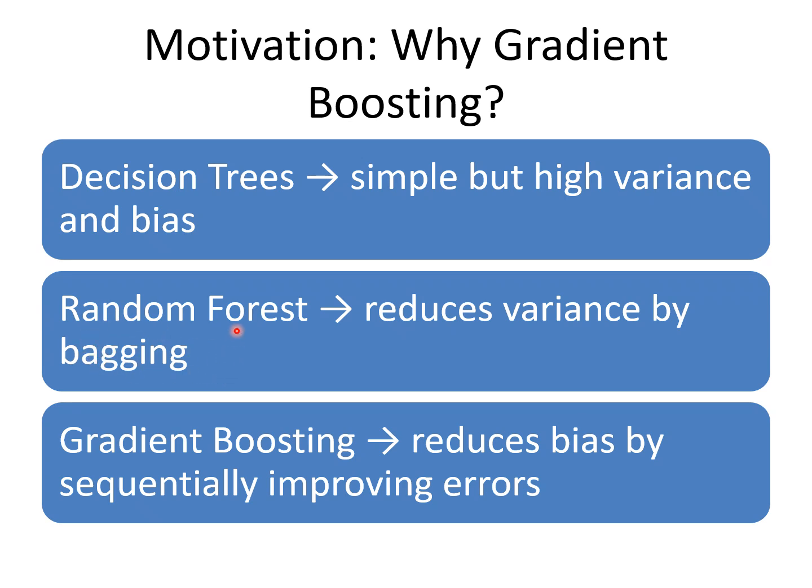If it is a regression problem, in the case of random forest, we look at the average of all those trees. For the gradient boosting techniques, these methods are used to reduce bias by sequentially improving errors. Sequentially, because gradient boosting techniques are trained by building trees in a sequential method.